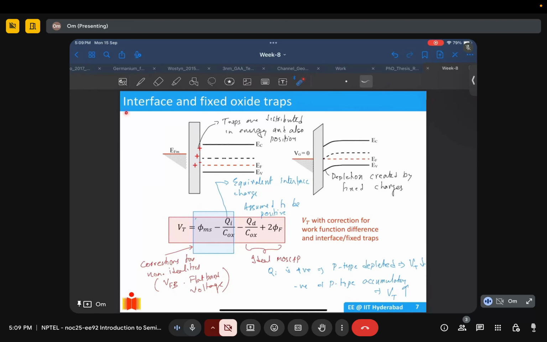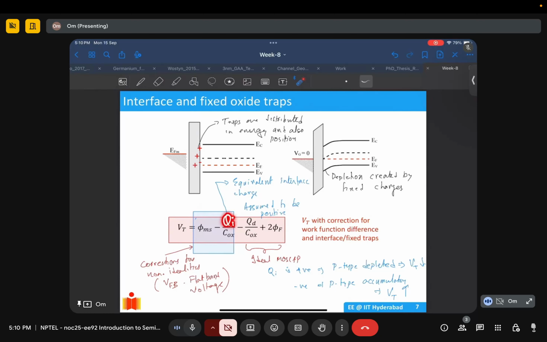In the case of interface and fixed oxide traps, this is another non-ideality, when your oxide has some non-idealities on the interface, like there are some fixed charges or traps in the oxide. So due to these unwanted fixed charges, your threshold voltage shifts. This shift is given by minus Qi by Cox, right?